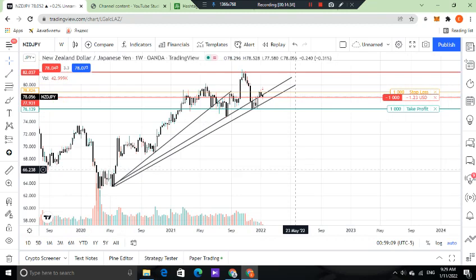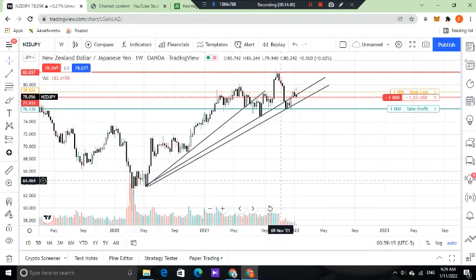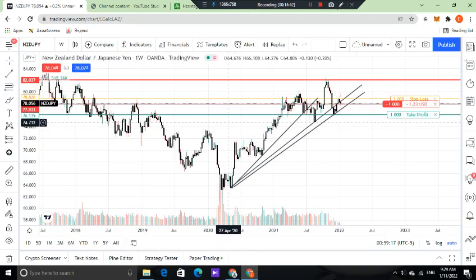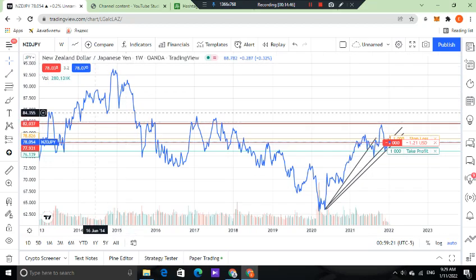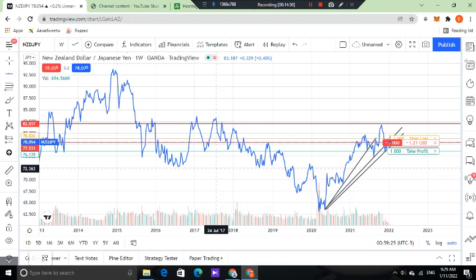And it's a kind of a trading range right now. If you look at it, let's complete these levels.